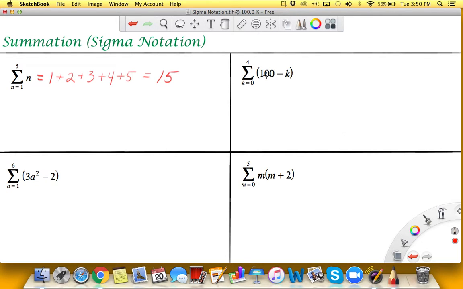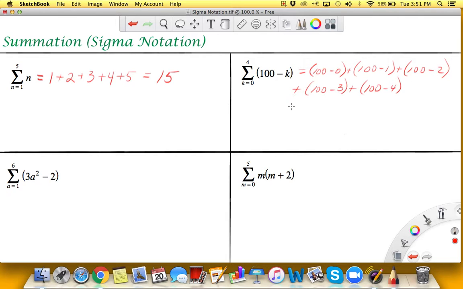Now in this next example, we're going to do the same thing, but as you can see, we're using the variable k, and we start with 0 and go up to 4. So in this case, we have to substitute the different values of k into this expression here. In actuality, it is 100 minus 0 plus 100 minus 1 plus 100 minus 2 plus 100 minus 3 plus 100 minus 4.